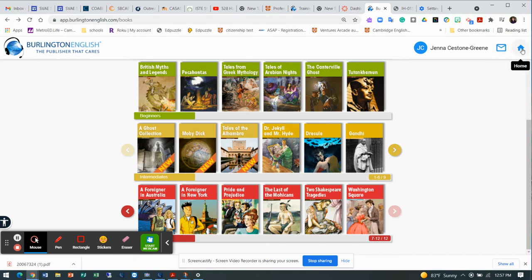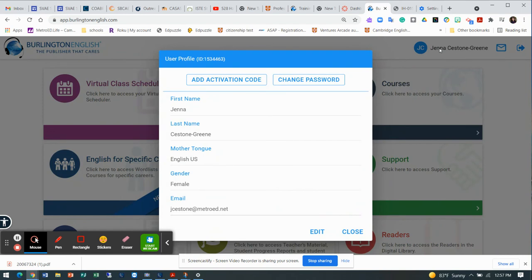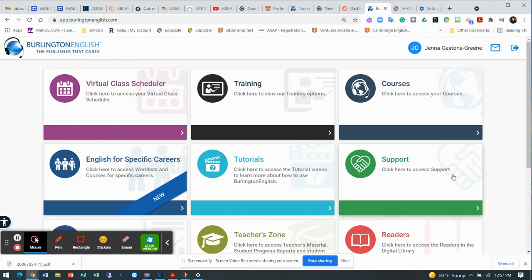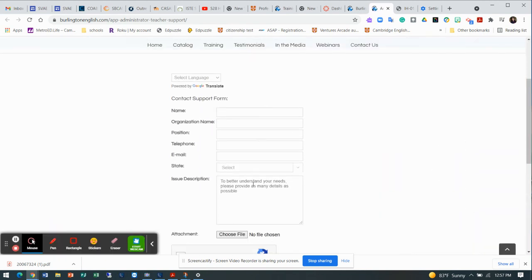And then if I go to the home button, I think when you're on your profile, you can change your mother tongue to a different language if you want. You can get support. If you find something that's buggy or something looks very strange, feel free to write your issue down.